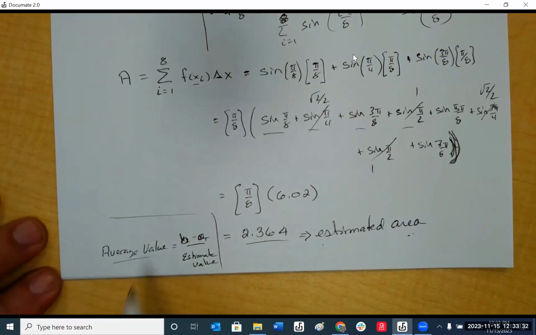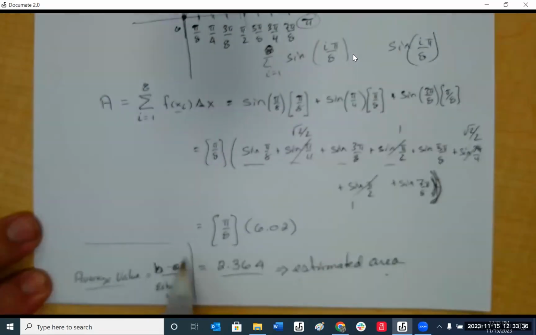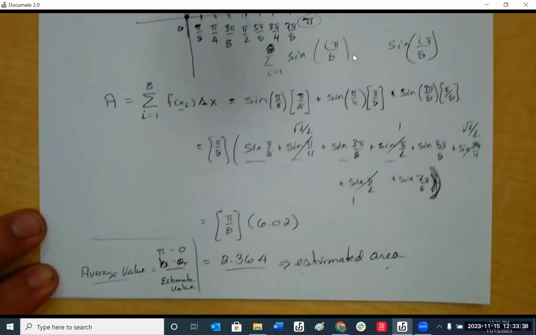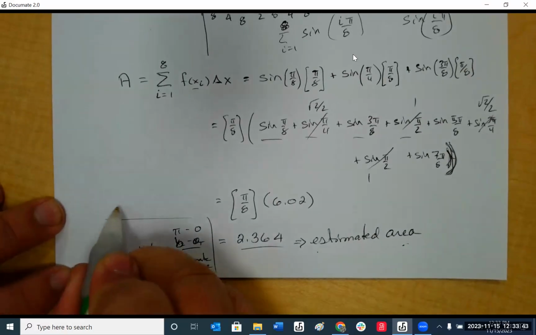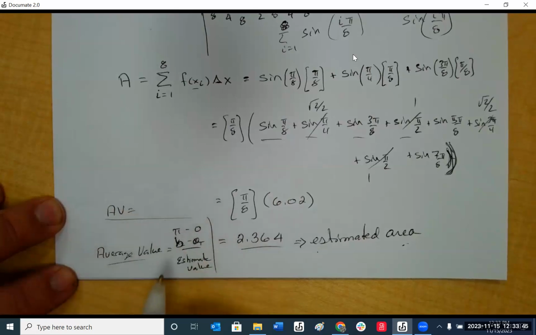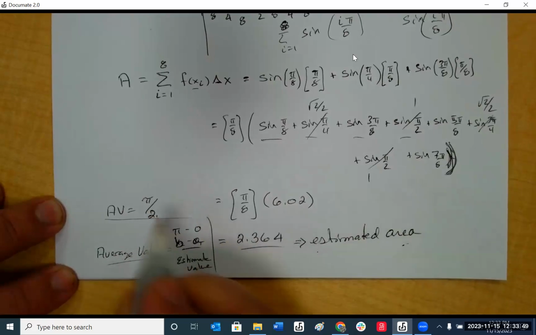Because on the average value, we're looking over the entire area. Since we're going from 0 to pi, this is pi, this is 0. So to find the average value, we have to take pi and divide it by our estimated area.